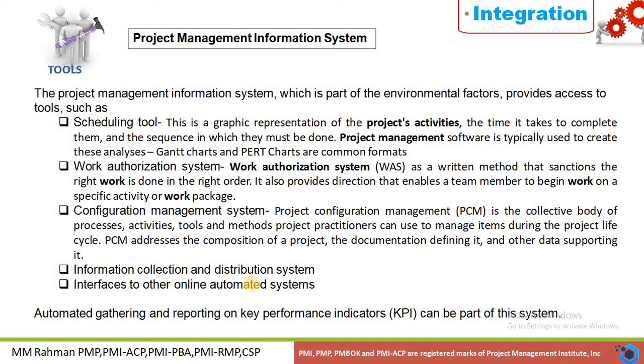Project configuration management is the collective body of processes, activities, tools and methods project practitioners can use to manage the project items during the project life cycle. It addresses the composition of a project, documentation defining it and other data supporting it, information collection and distribution system, and interface to other online automated systems. Automated gathering and reporting on key performance indicators can be part of the system.